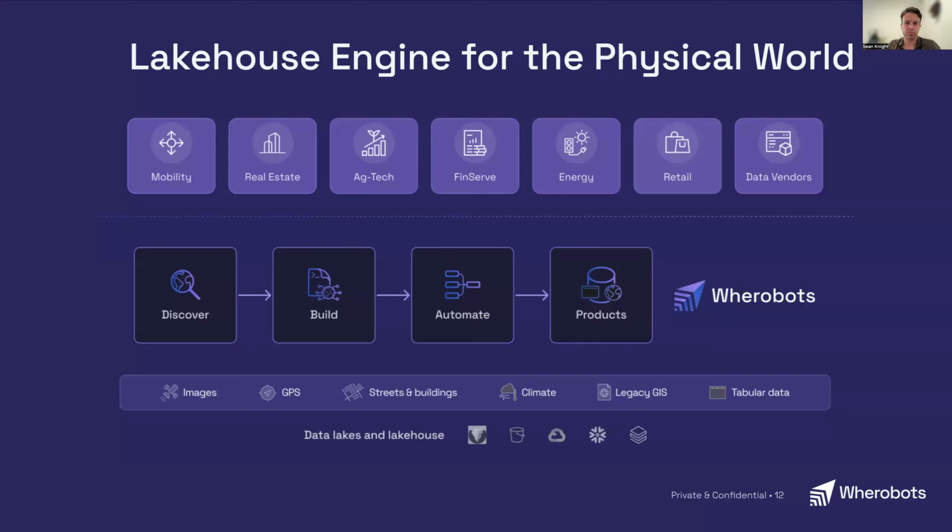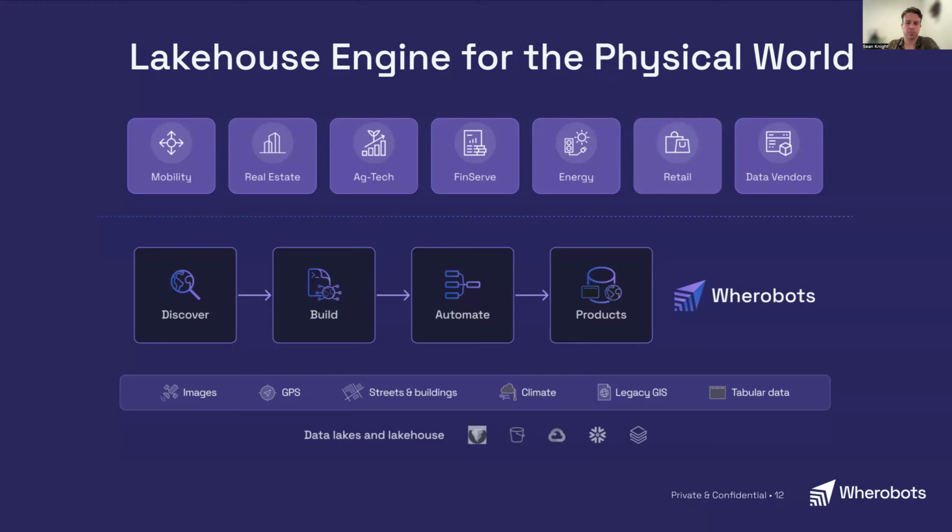All right, so the very simple way to think about what we have is it's a lakehouse engine for the physical world. You're able to connect directly to your data, usually buckets in Amazon S3 or other data systems.